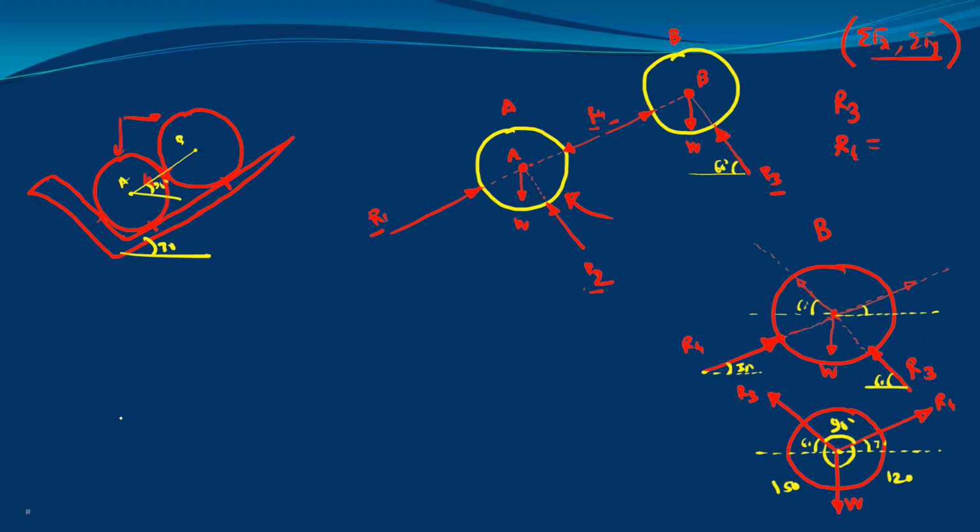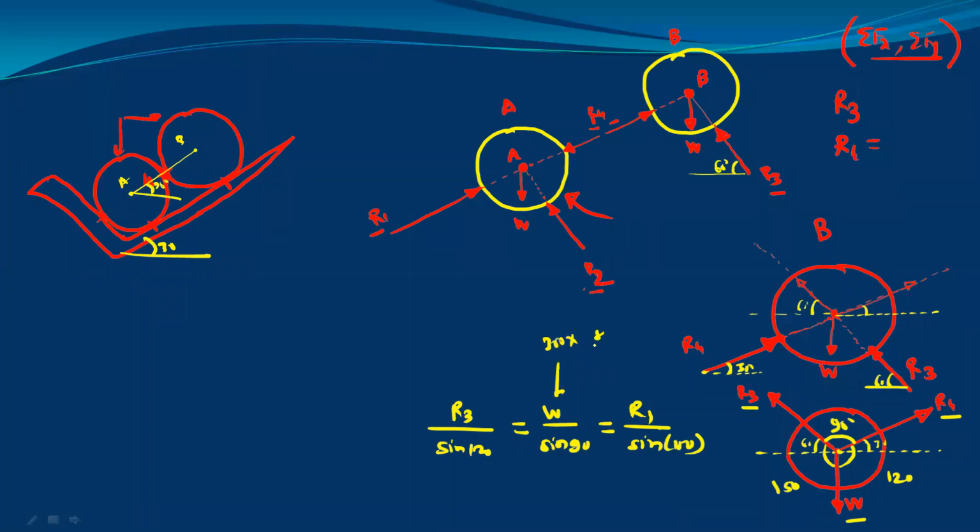Okay, so now you can use Lami's theorem. For Lami's theorem, I will write this reaction R3 upon sine of the opposite angle, so sine 120. This is equal to weight W upon sine of the opposite angle, so sine 90, equal to reaction R4 upon sine of the opposite angle, so sine 150. Okay. Weight W is known. This is 300 into 9.81.